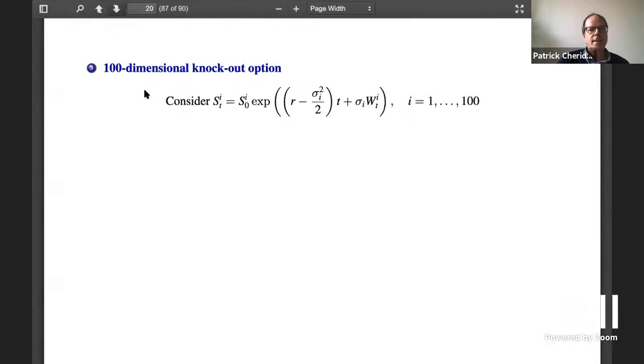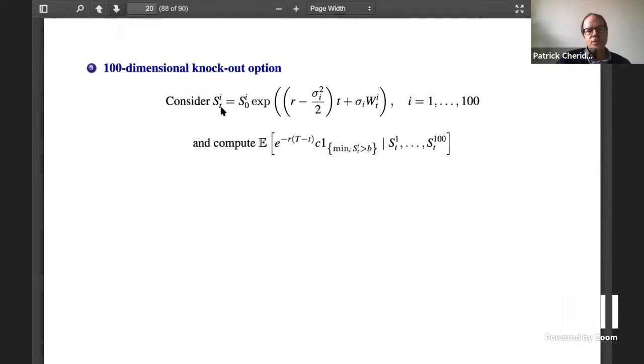Okay, and then as a last example, I'm looking at the financial example. So I'm looking at the payoff of a 100-dimensional knockout option. Okay, so I'm assuming I have 100 stock prices which follow these geometric Brownian motions with possibly correlated Brownian motions.